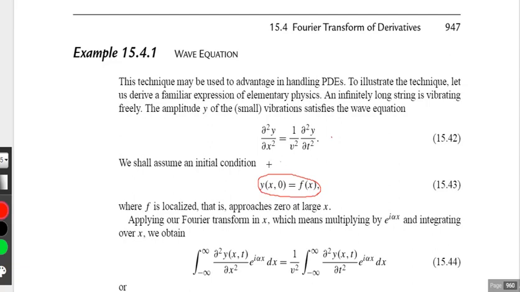Now applying the Fourier transform, let us find the solution of this equation. Our wave equation is dou square y by dou x square is equal to 1 by v square dou square y by dou t square. Let us apply the Fourier transform in x.